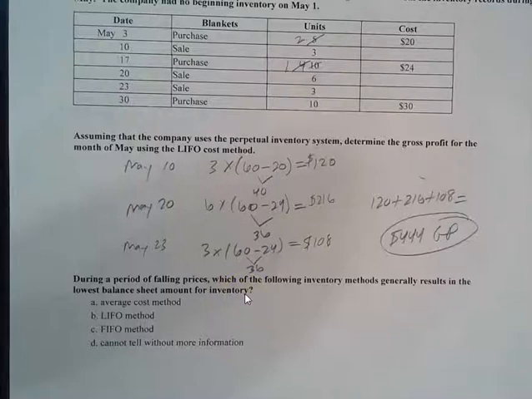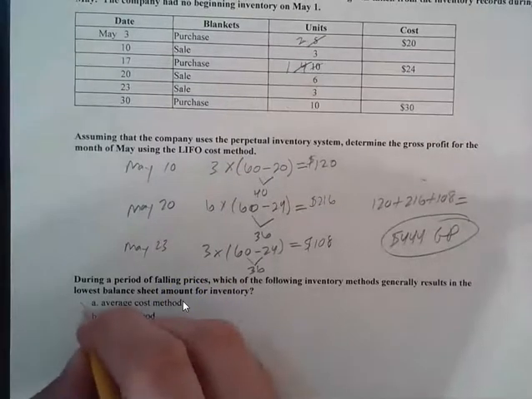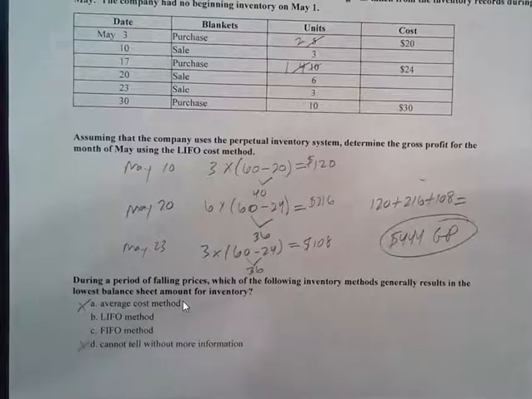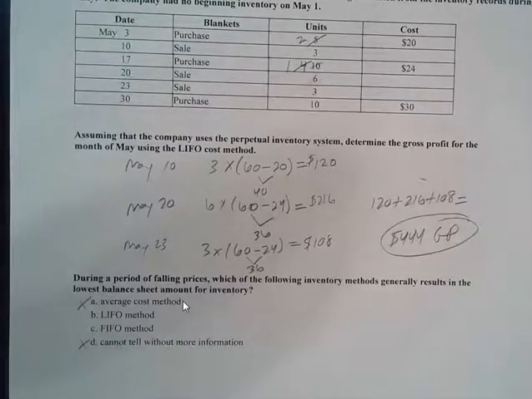Okay. So let's think about this. We should know that average cost is always going to be somewhere in the middle. I will tell you that we absolutely have enough information to get the answer. So A and D are definitely wrong.